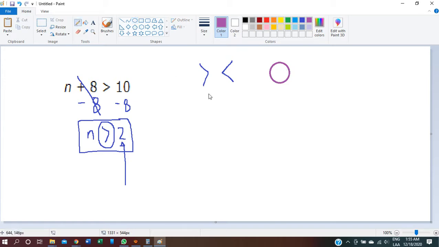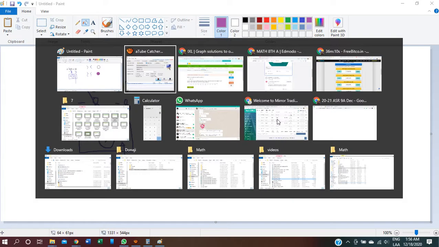If we have this symbol, which is greater or equal than, or this symbol, which is less or equal than, we need to use the full circle. All right. Oh, yeah, this one. Okay, so the circle means that that number is included. So let me explain that a little bit more when I graph it.